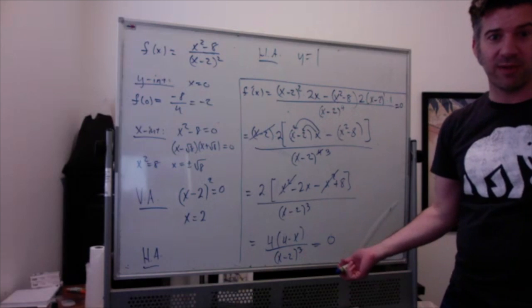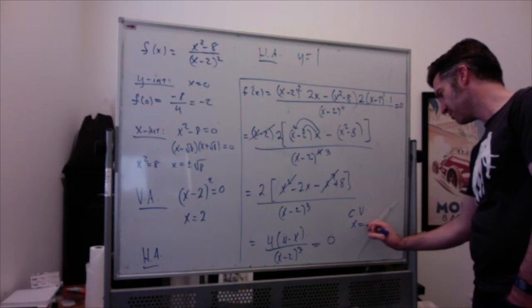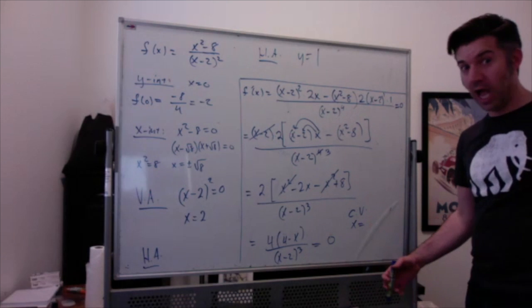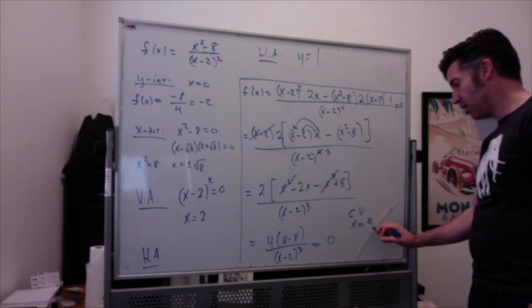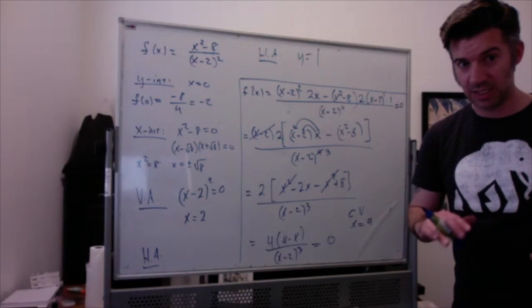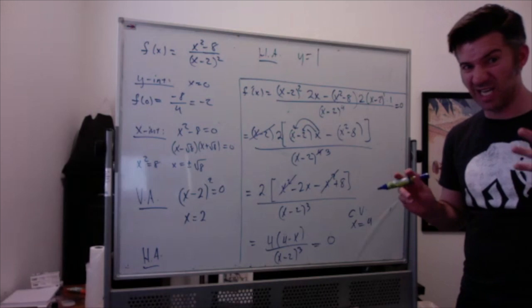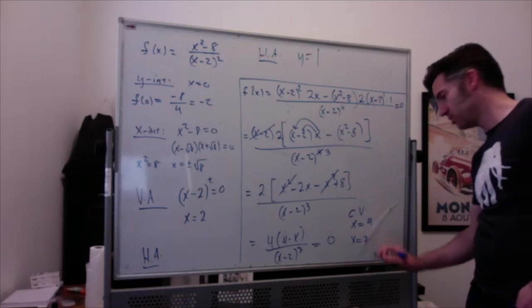Okay, now everybody, what's my critical value? What makes this top part 0? 4. Okay, are there any other critical values? Well, kind of. x equal to 2, we should include.